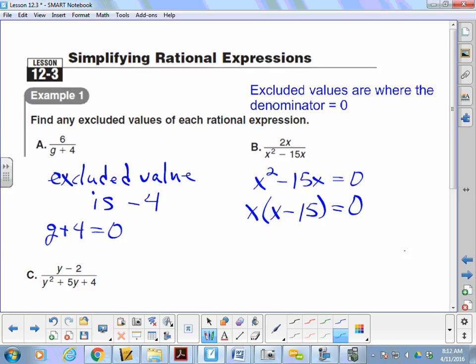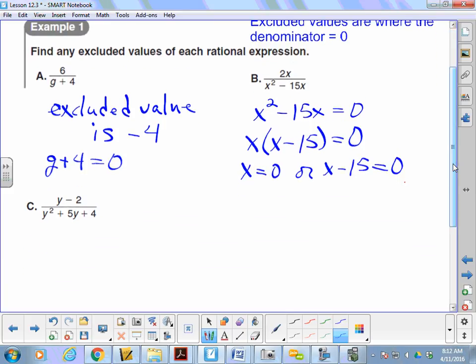So that means then that either x is 0 or x minus 15 is 0. Hopefully this is coming back to you. So we're going to say the excluded values are what in this case then? 0 and what else?